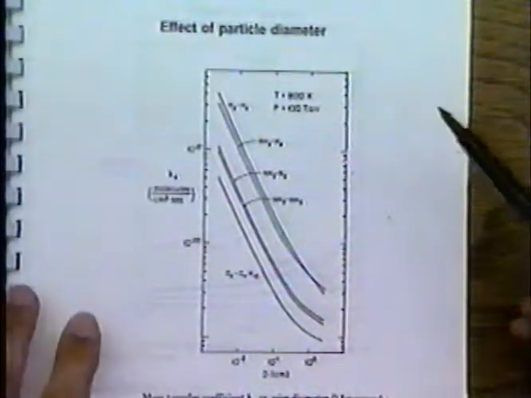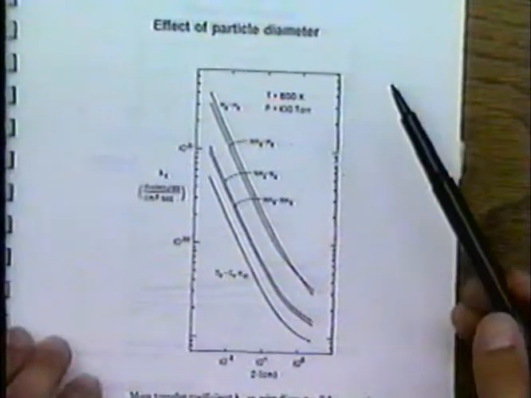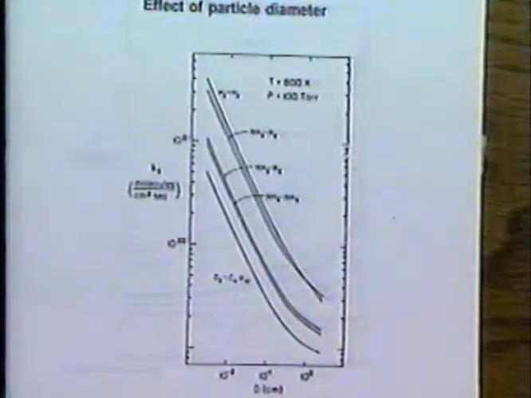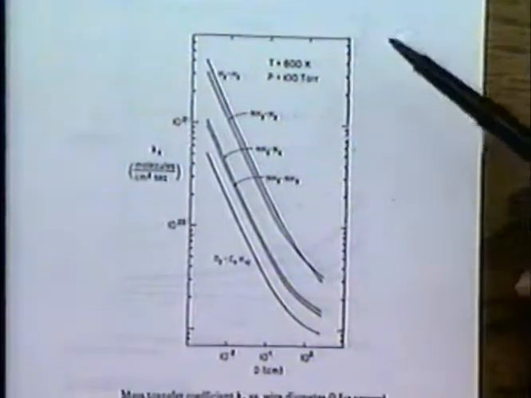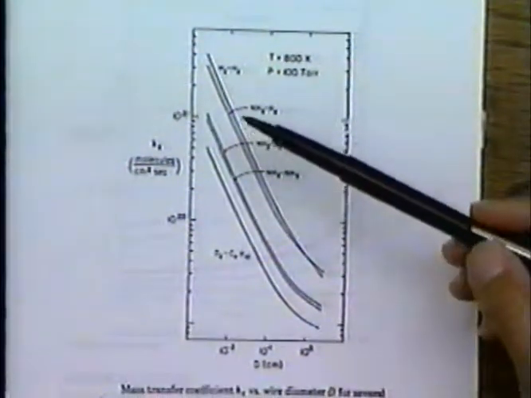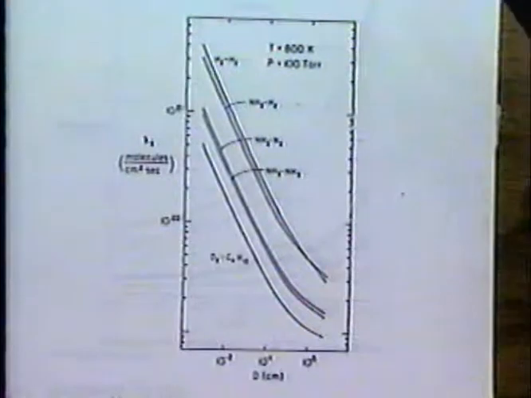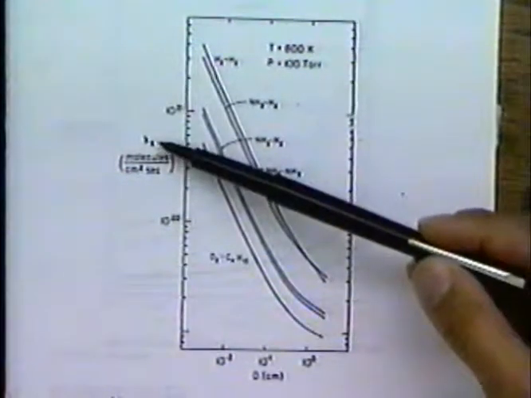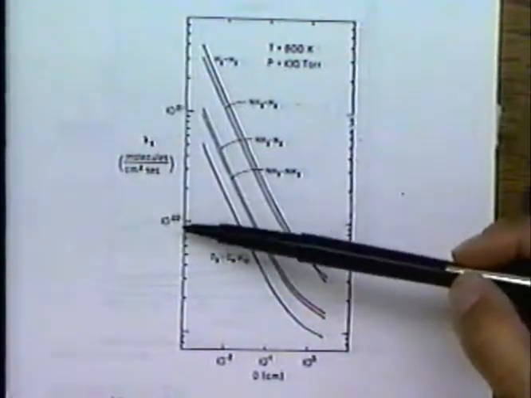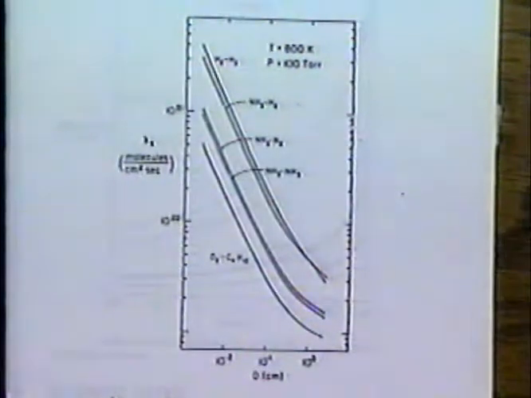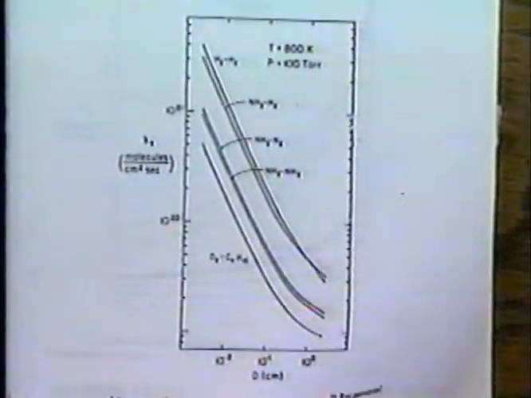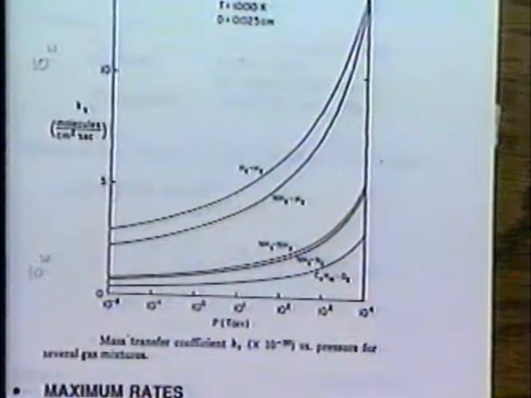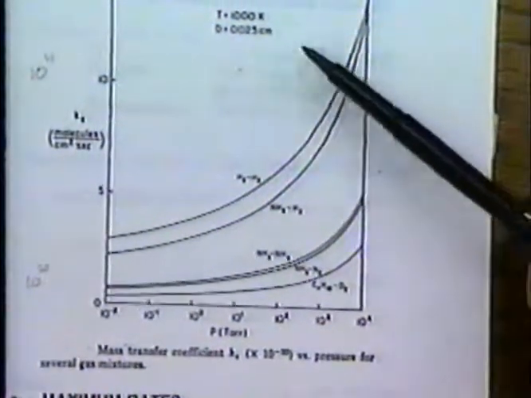The effect of particle diameter is much more important, but again, this is particle diameter in centimeters, and we can see that the diffusion mass transport coefficient varies between 10 to the 20 and 10 to the 21 for several reactions, and the effect of pressure is shown here.